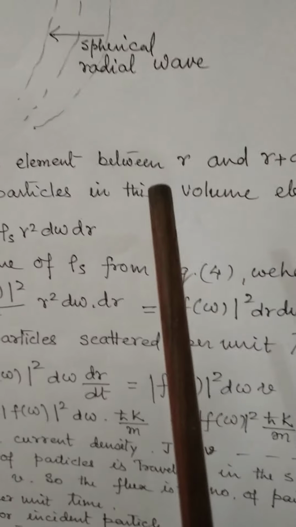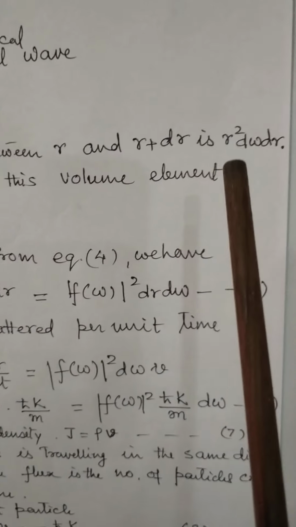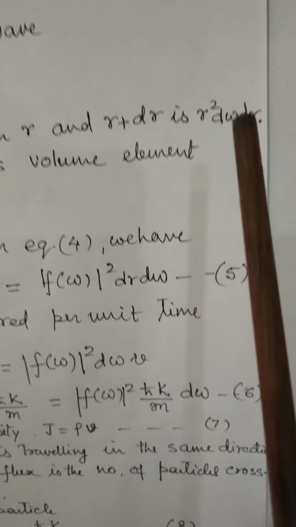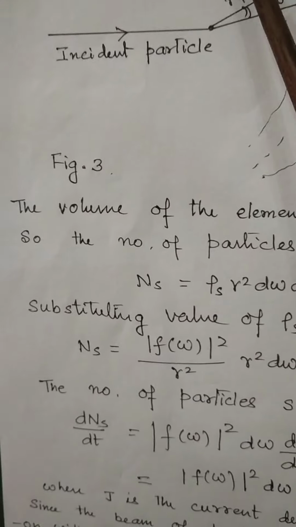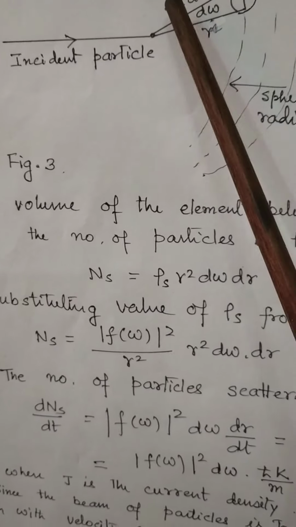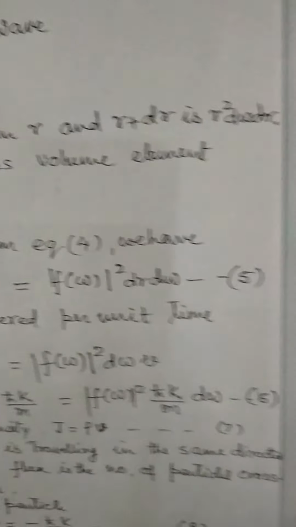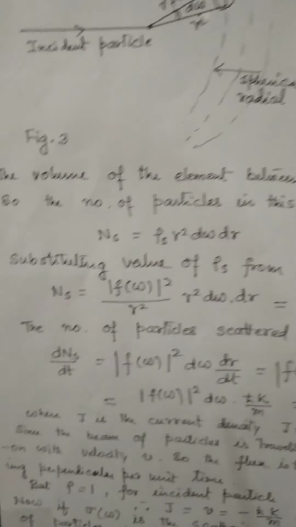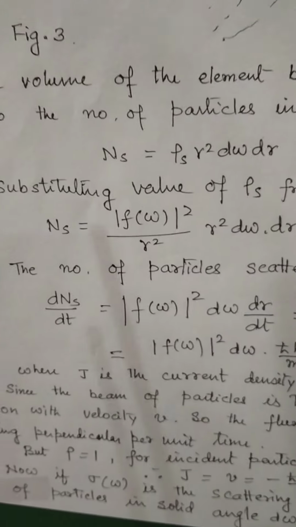The volume of the element between r and r plus dr is r square d omega into dr, because this is the distance r plus dr, and the area is given by r square d omega, so multiplied by dr. So this is the value of volume.